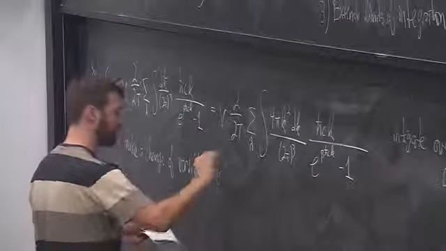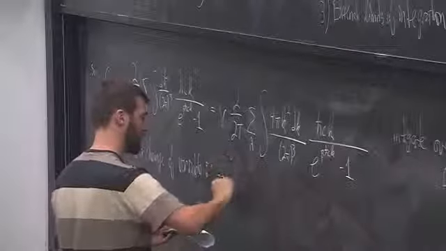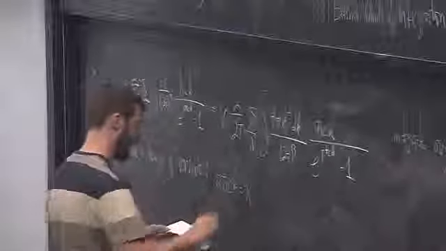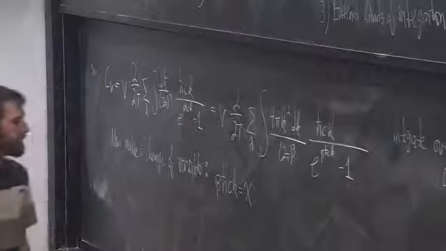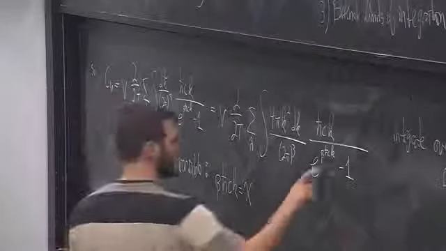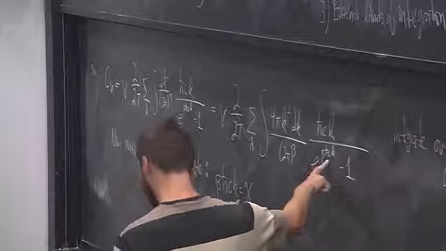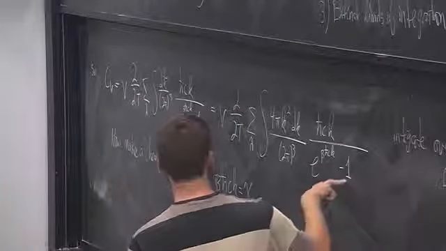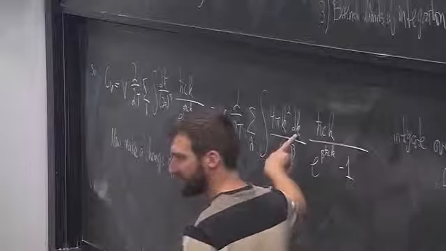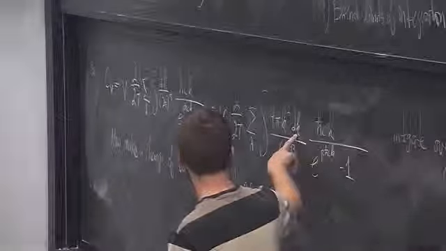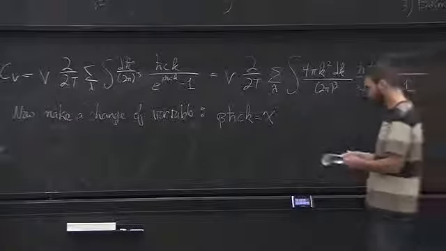The one I'm going to use here is beta h bar ck. I'm going to call that x. So I'm going to have e to the x minus 1, and I can change my dk to dx, and so on.